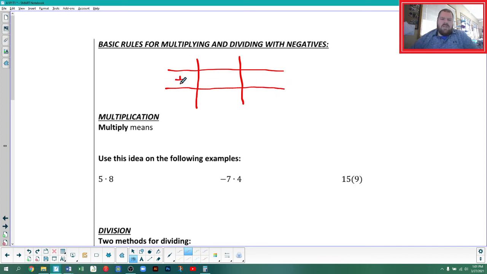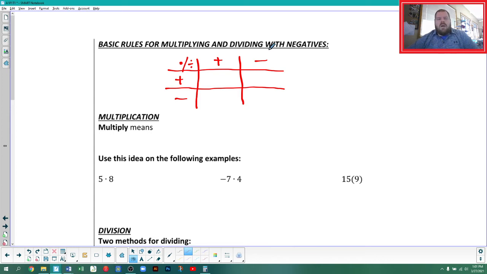And I have a positive and a negative, I have a positive and a negative. And we're dealing with multiplication or division. So I'll write it this way, multiplication or division. A lot of times you'll see me use multiplication as the dot. I'm a firm believer in that. Also, when two numbers are right next to each other with parentheses, that is also multiplication.